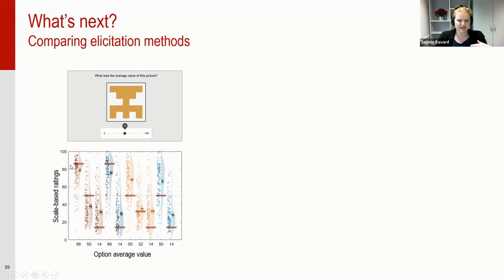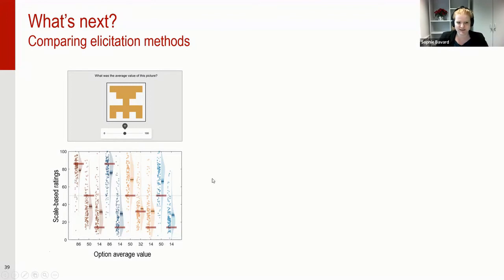Again, for the 10 different options, the scale-based ratings are shown on the y-axis, averaged over the 150 participants. The actual true objective value of the option is shown in the shaded red rectangles. And as we can see here, there is already the same pattern as before, where the values of the options do not depend on the number of options in each context, but reflect more of a within-context valuation.